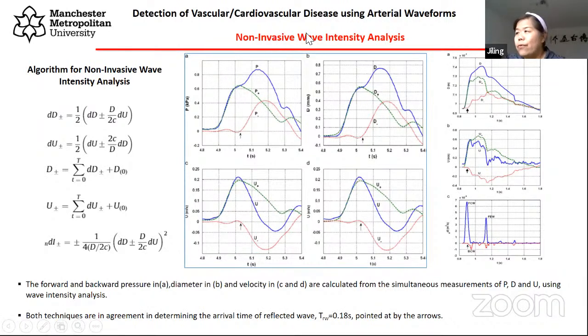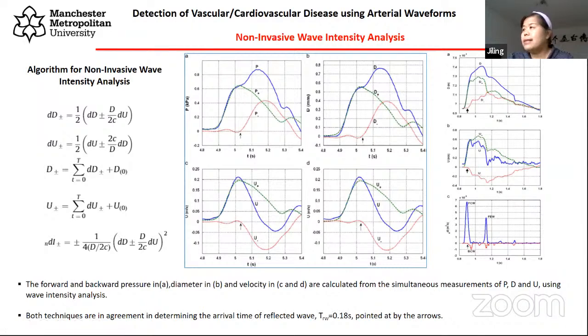And so this method will further expand the applications, and can be used to analyse the arterial waveforms. So you can see here is a comparison of the results for the wave intensity analysis based on the pressure and the velocity. This one is based on the diameter and the velocity.